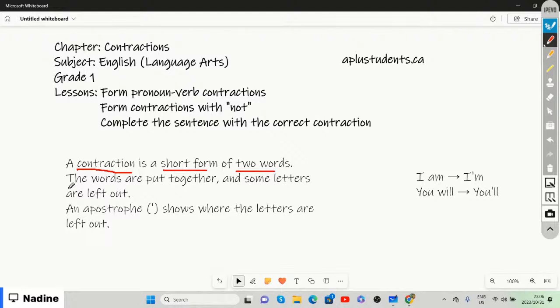And these words are put together, but some words are left out. So the words that we basically leave out, we put an apostrophe to show where the letters have been left out.